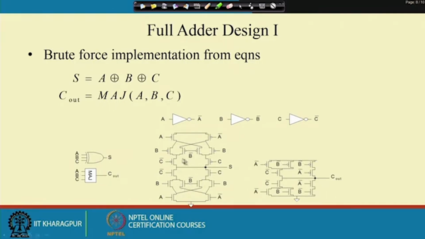So, at the transistor level, if I can reduce, this expression is already optimized.